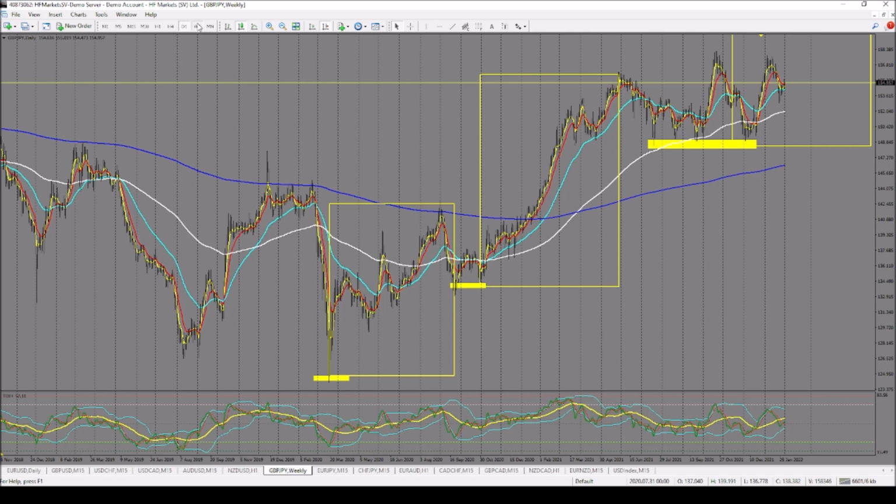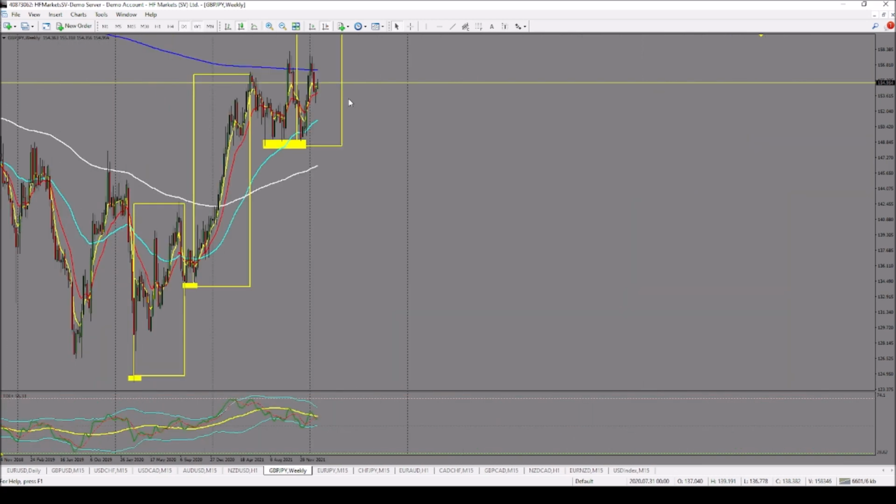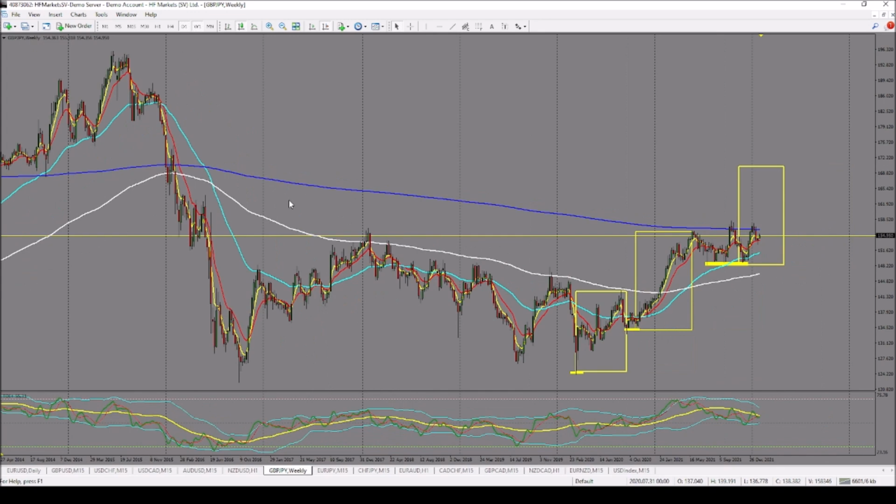Let's go on that weekly time frame. So this is how it looks. We had 3 sets of daily levels from this point, and we are expecting 3 more sets of the daily levels. So in this case, I will be expecting to see this pair going up. That is why I bought, right?